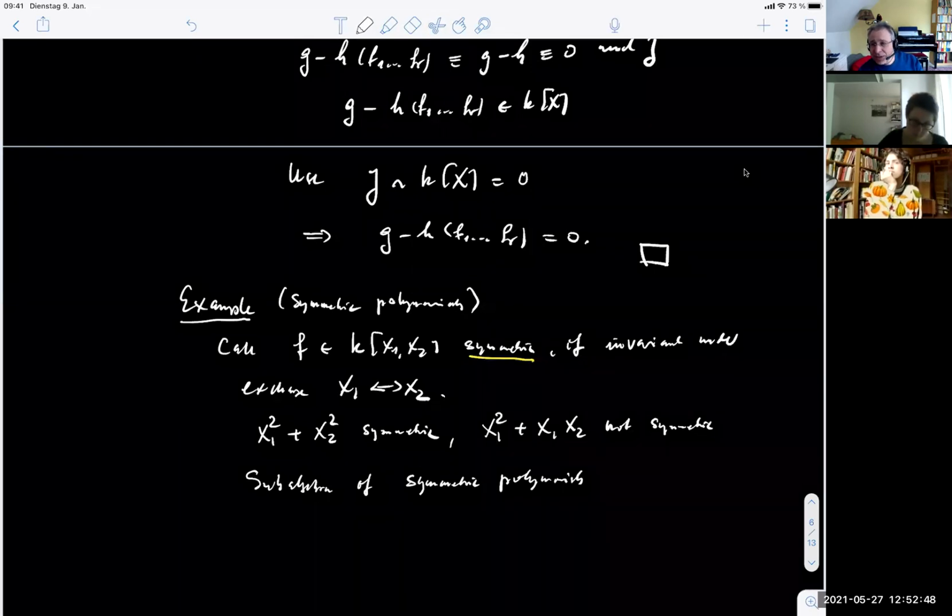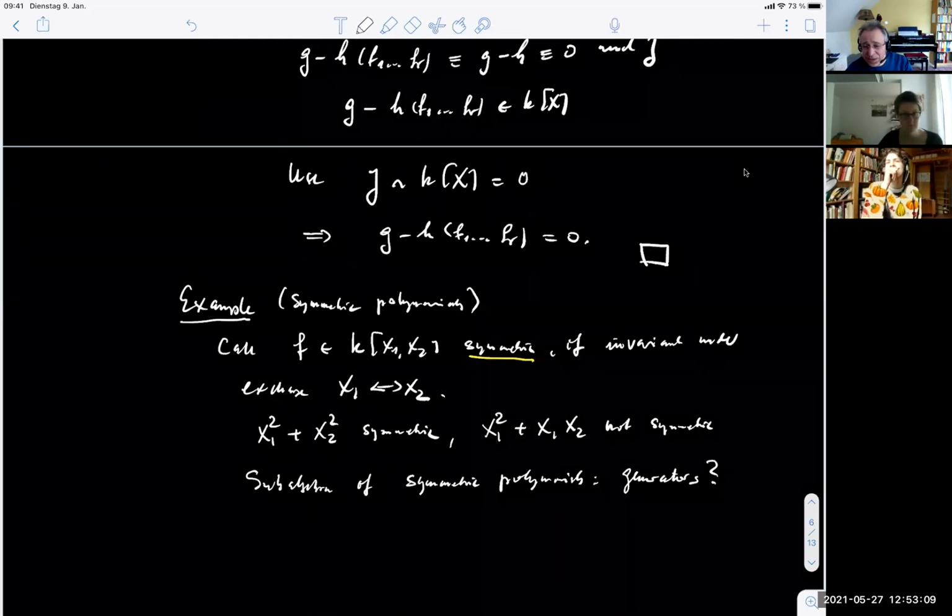Now the question is generators. Now you could use the algorithm. If you have your Macaulay installed, you could just compute it.